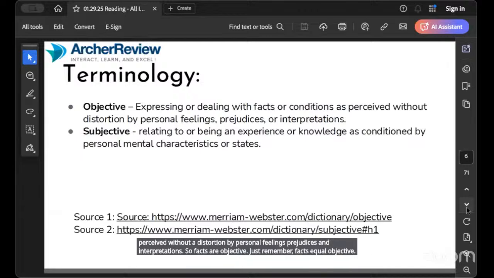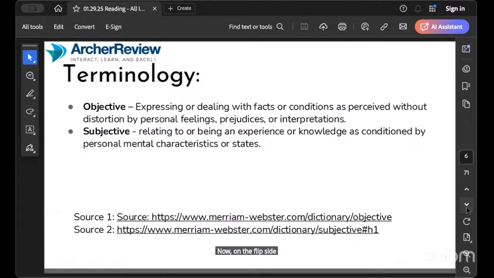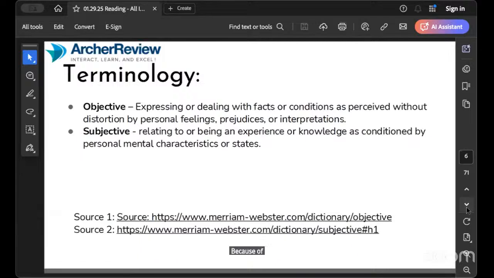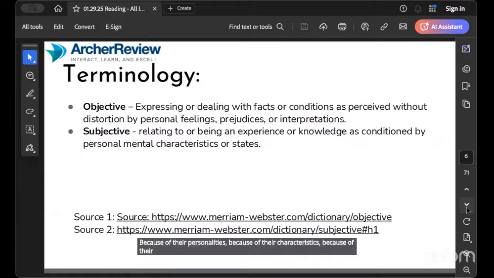Now, on the flip side of that, subjective is when it's relating to or being an experience or knowledge that is conditioned by personal mental characteristics or states. So essentially, that means that if something is subjective, it can vary from person to person because of their personalities, their characteristics, their interpretations, their feelings about something.